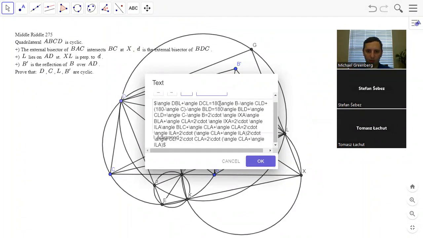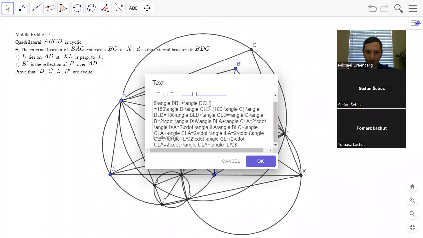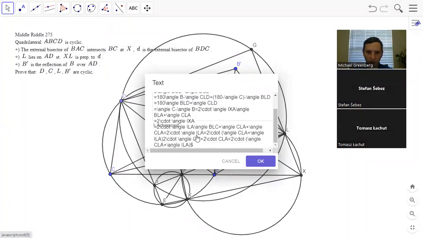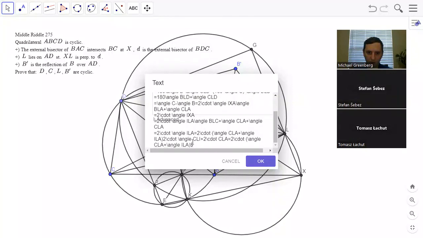So this angle traces in more lines. It's not just one big equality. Oh, how many lines is it?